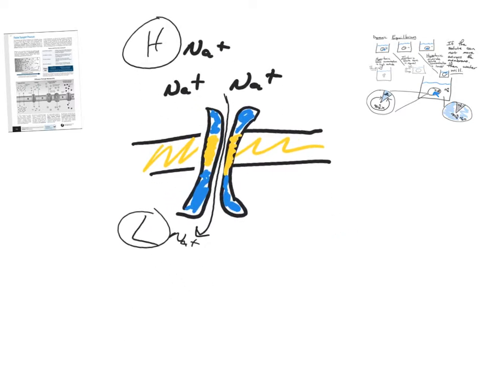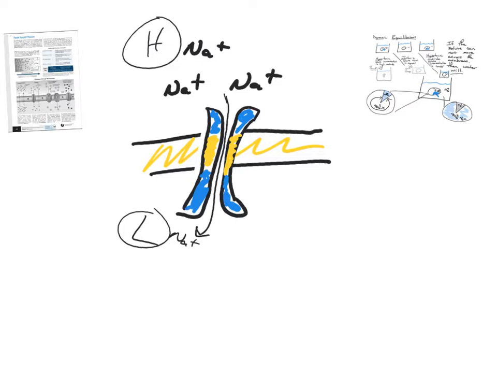Is this still diffusion? This is diffusion, right? High to low. No extra energy. Do you see that it's moving from high to low, no extra energy? Wouldn't the protein need energy to make it? Okay, to make the protein needs energy, but you don't have to add any extra energy.